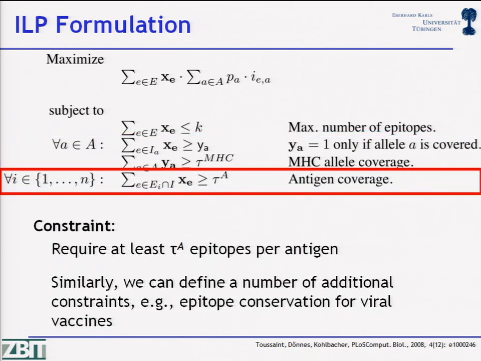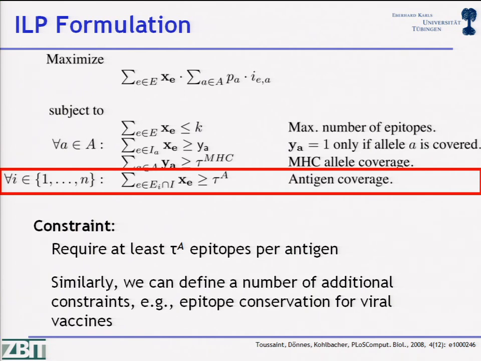Similarly, we can ensure that each antigen is covered by at least 1 or at least tau A epitopes per antigen. Here we sum over all XE belonging to a certain antigen, and we add a constraint for each of these antigens, and thus ensure that each antigen would be covered by a certain amount of epitopes.